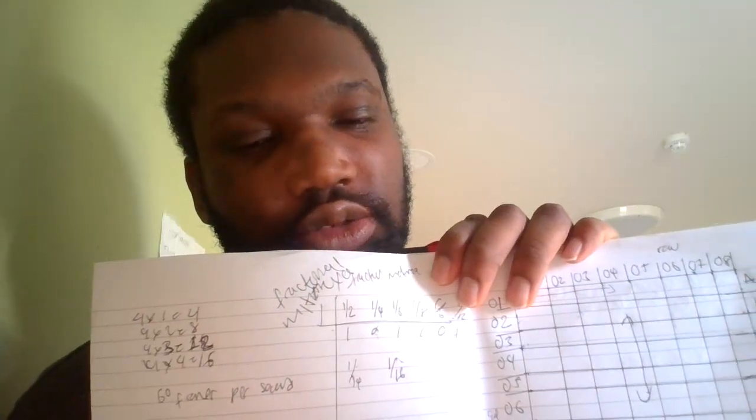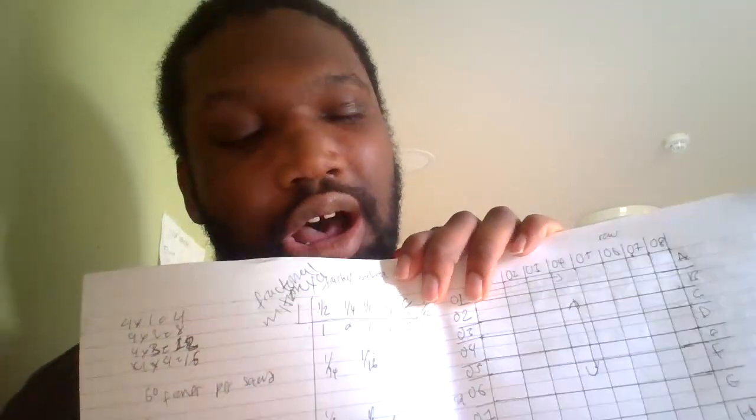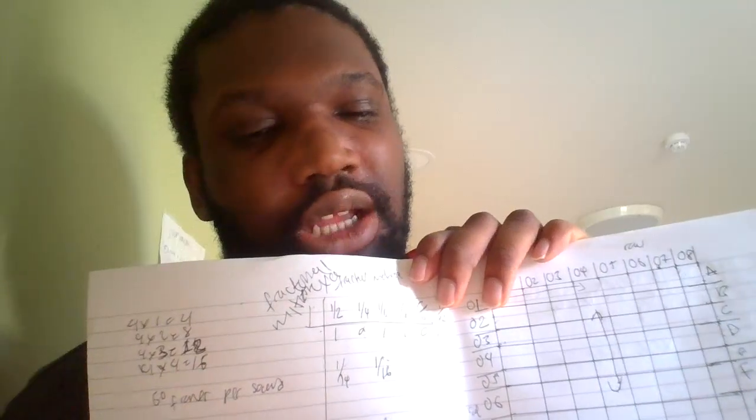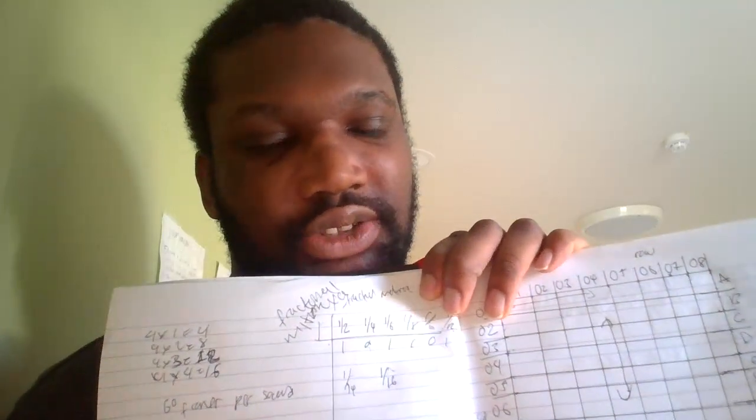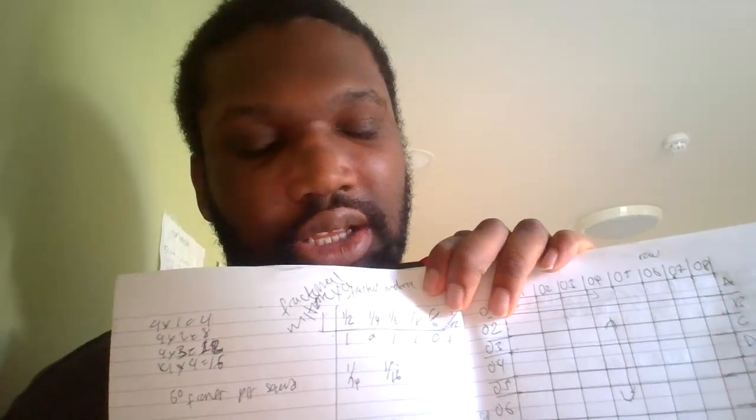This is moving backwards because it's a binary system. Half of 2, half of 2, half of 2, 4, 6, 8, 10, and 12.